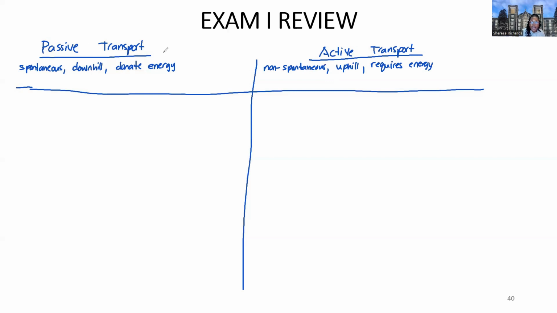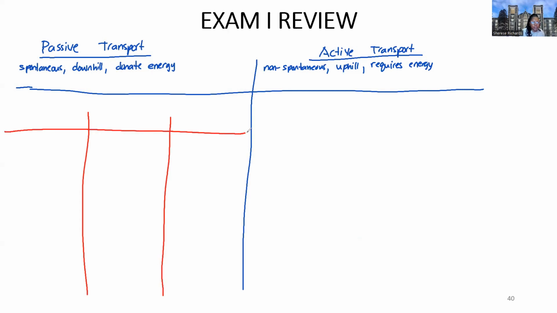Let's look at these subtypes and the examples. Under passive transport, we can think about three examples here. So we have simple diffusion. Simple diffusion, first off, is based on the concentration gradient.